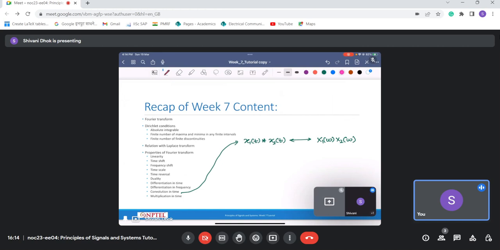And the dual of this is, if I have multiplication in time, I'll get convolution in the frequency domain. That is, if I have x1 of t multiplied by x2 of t, then its Fourier transform is 1 over 2 pi X1 of omega convolved with X2 of omega.